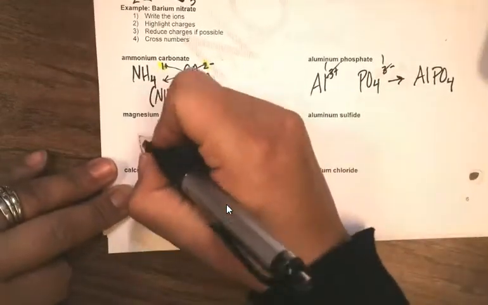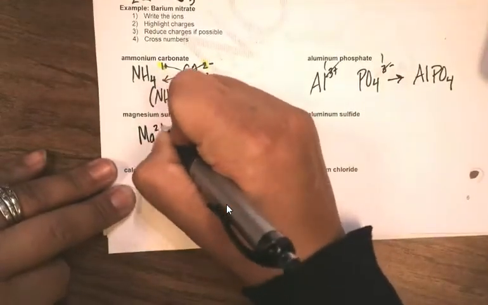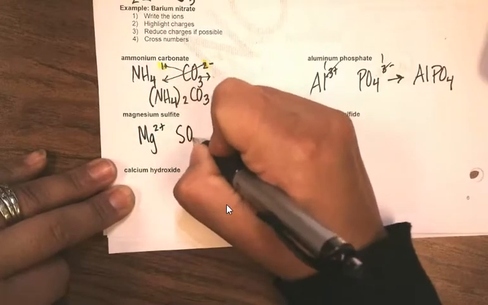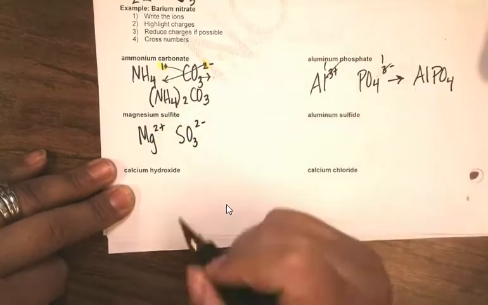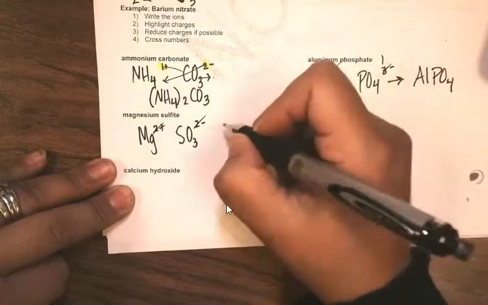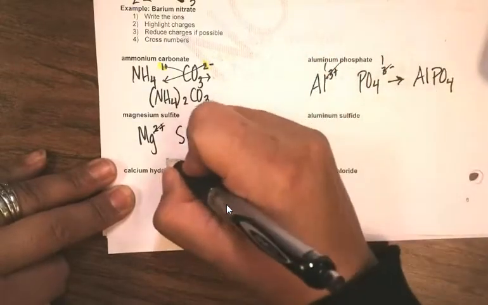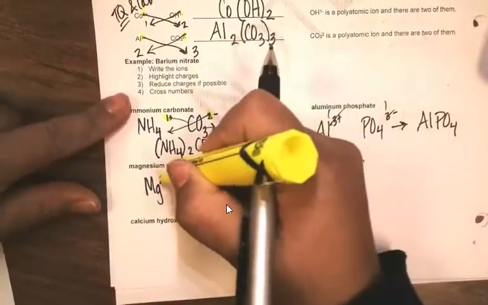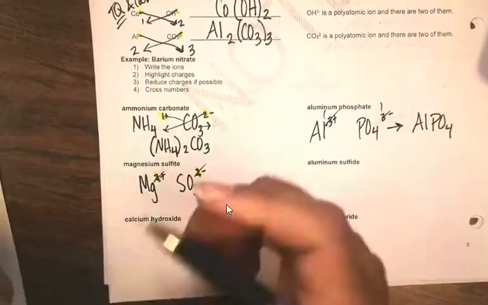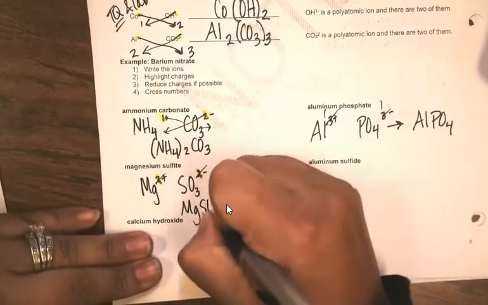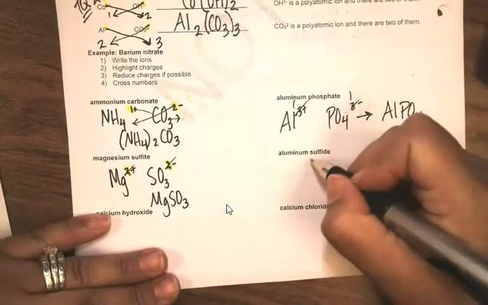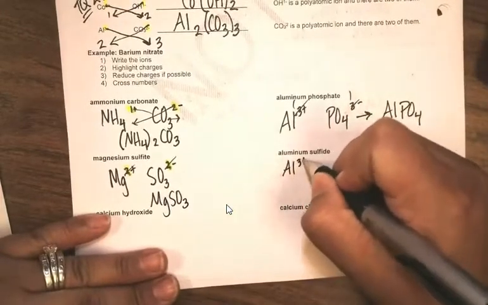Now we're looking at the next one. Magnesium is Mg2+. Sulfite is SO3 2-. These cancel or can be reduced, right? So that's just going to be MgSO3. Here, aluminum is Al3+.